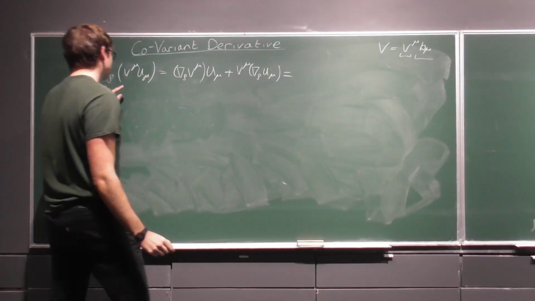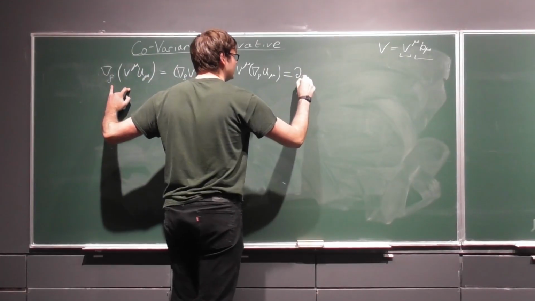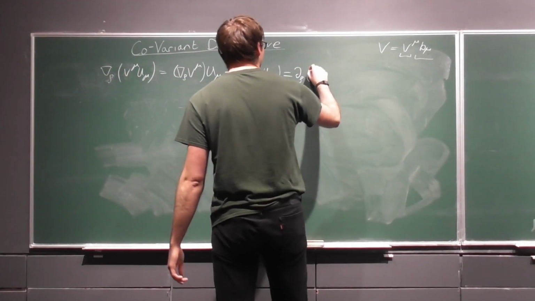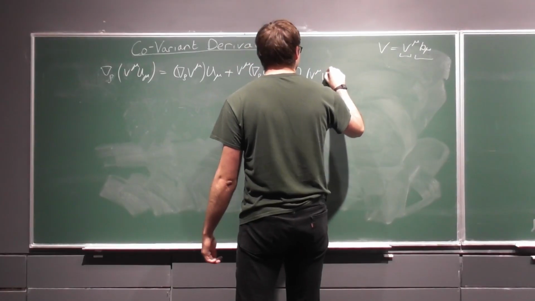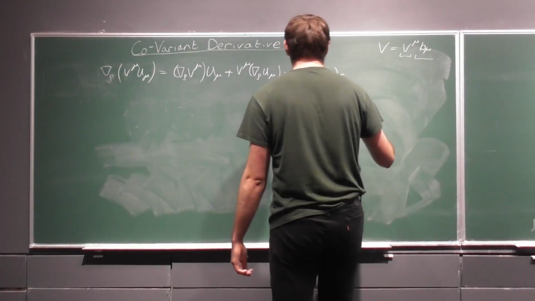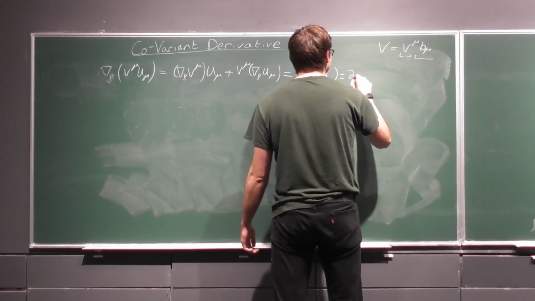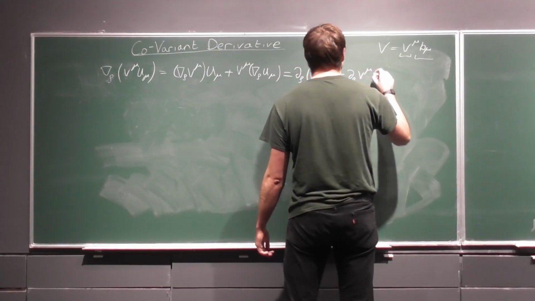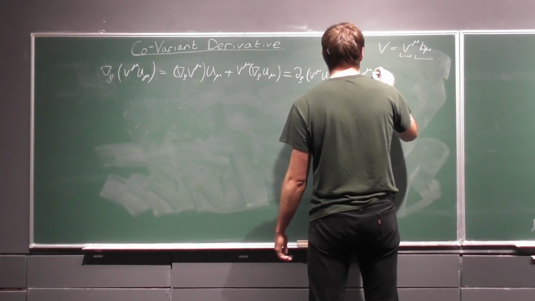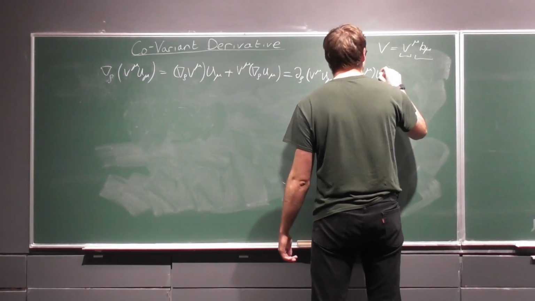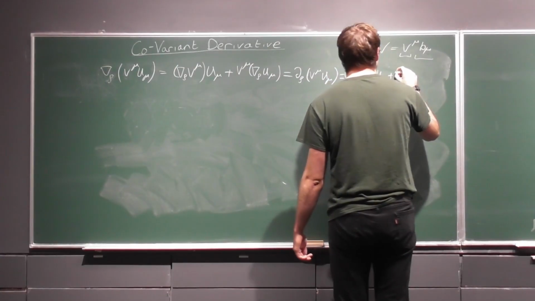But remember I said that this is a scalar, so this should also be equal to the partial derivative of v^μ u_μ, which will also obey the Leibniz rule, so we can also expand this as so. Okay, we'll see where I'm going with this in a second. Let me write all this out.